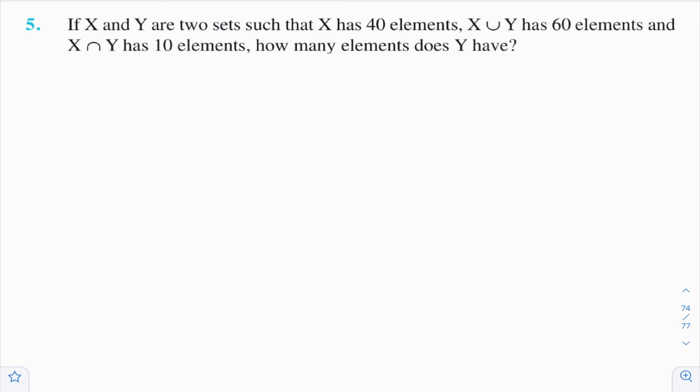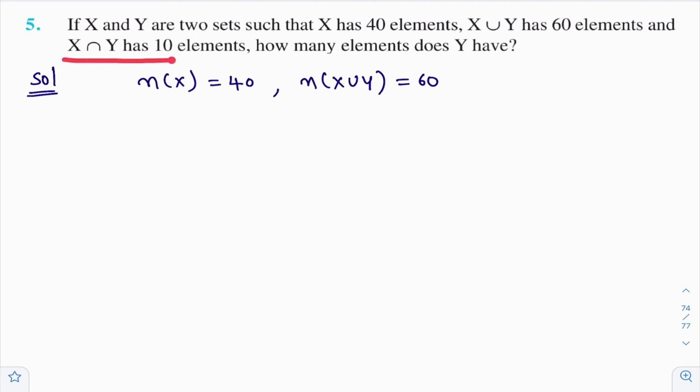You see the fifth question. X and Y are two sets such that X has 40 elements. Here the questions are very simple. X has 40 elements, that means n of X is given as 40. X union Y has 60 elements, so n of X union Y equals 60.